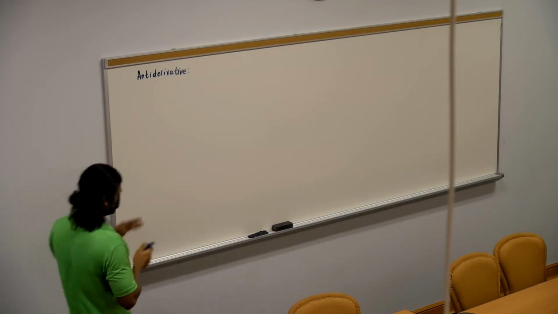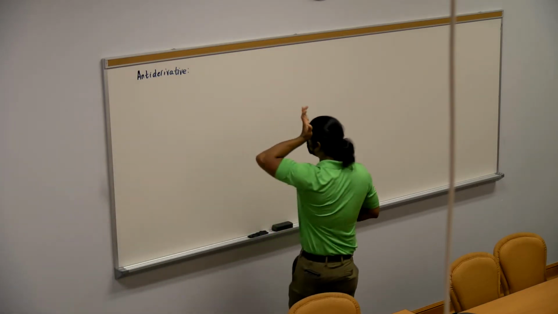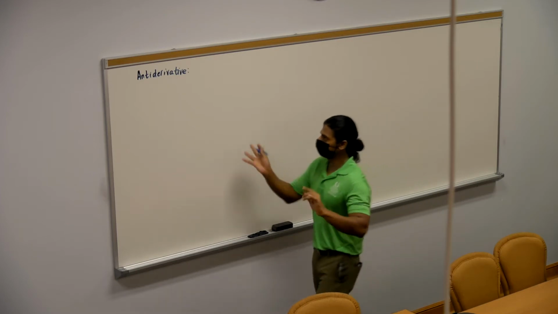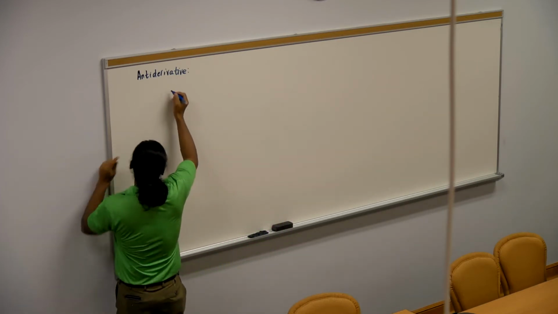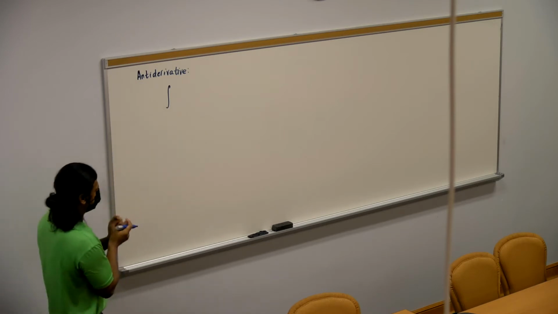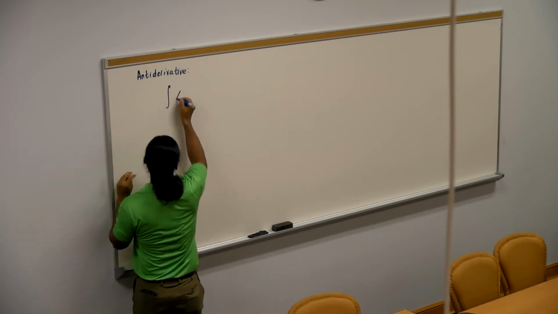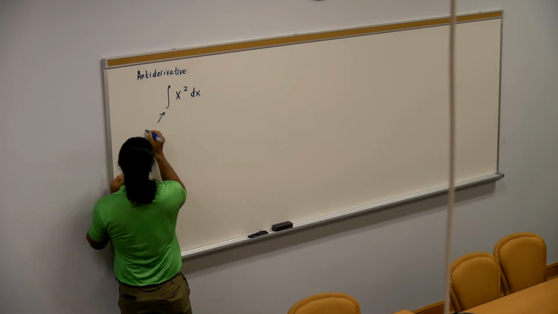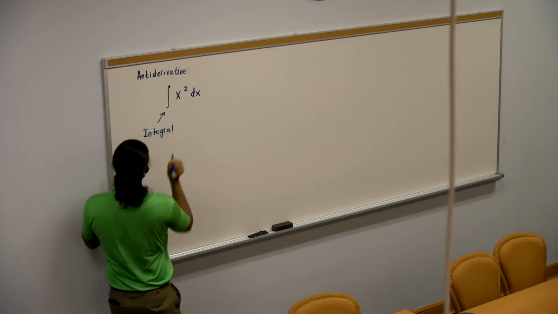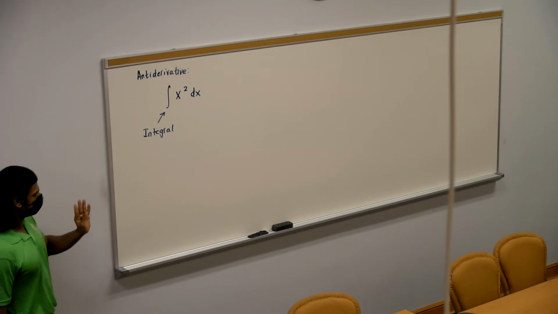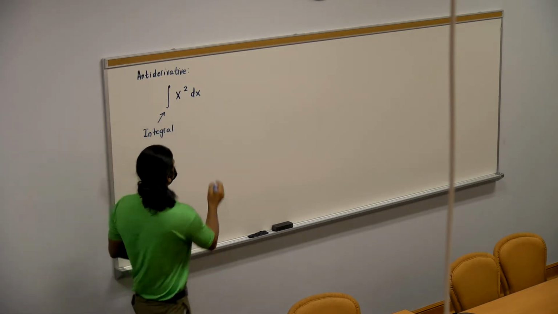Okay. Just as a recap for antiderivatives, based on the video, we call it an integral. But what is the purpose? If you have a function and we integrate this, that is what we call an integral.